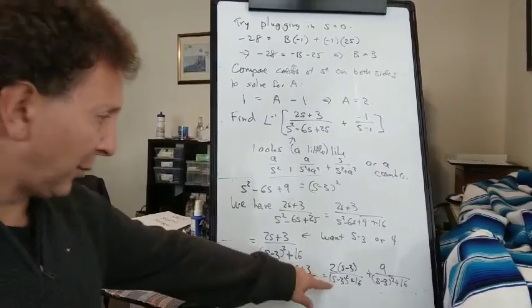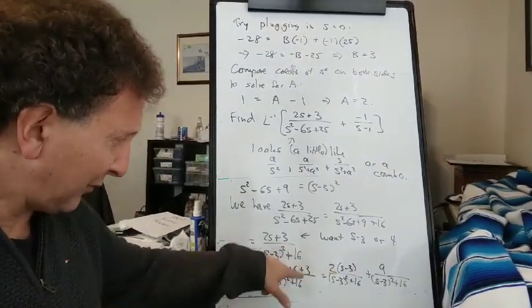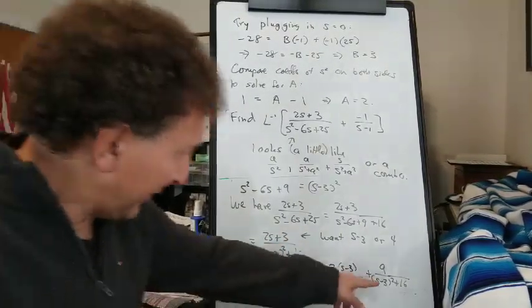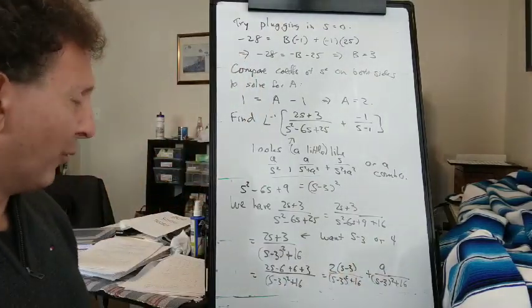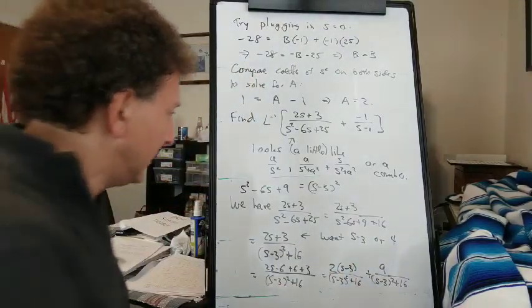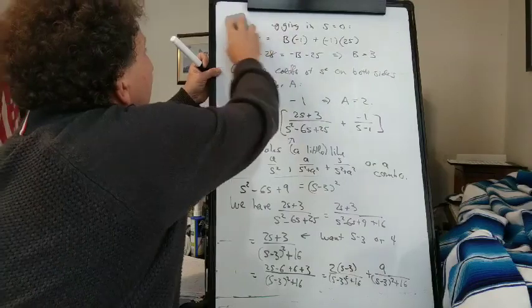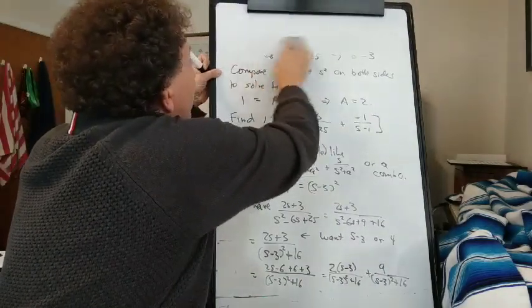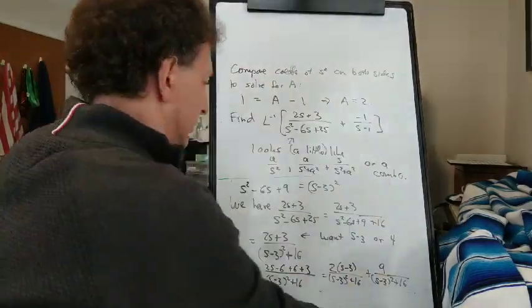Alright, now the first fraction is pretty good. You can just pull out a 2 and it's exactly the form we want. The second one, I kind of wish I had a 4 instead of a 9. So we can massage that a little bit more to make that come true.